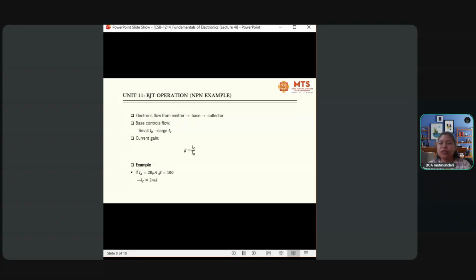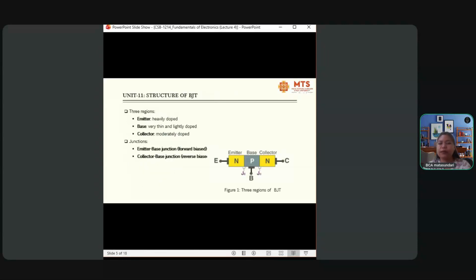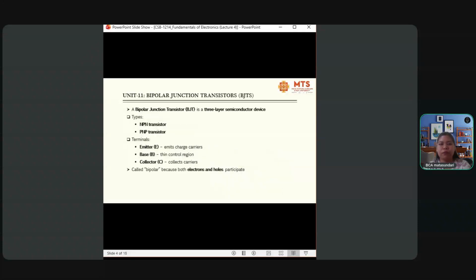Now BJT operation and an NPN example, as we have seen in this diagram. I think we have not discussed this one: BJT means bipolar junction transistor. Remember that.